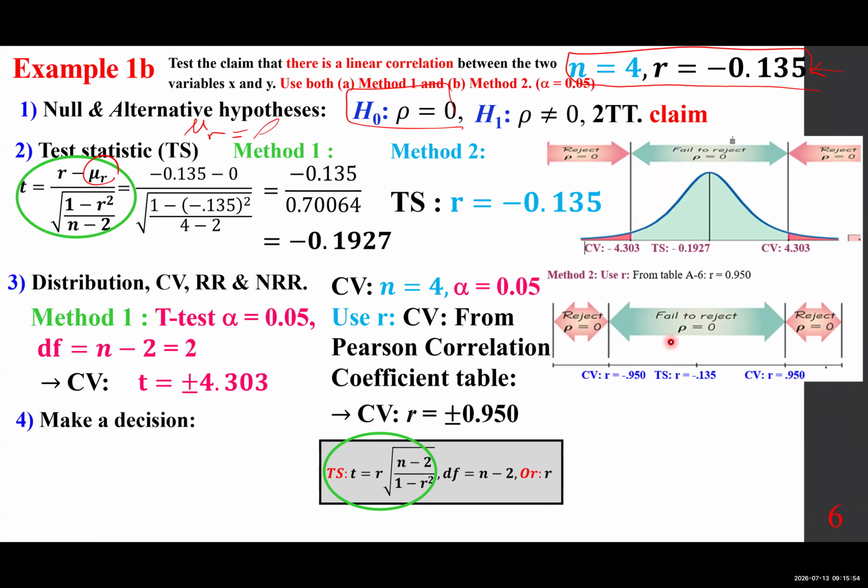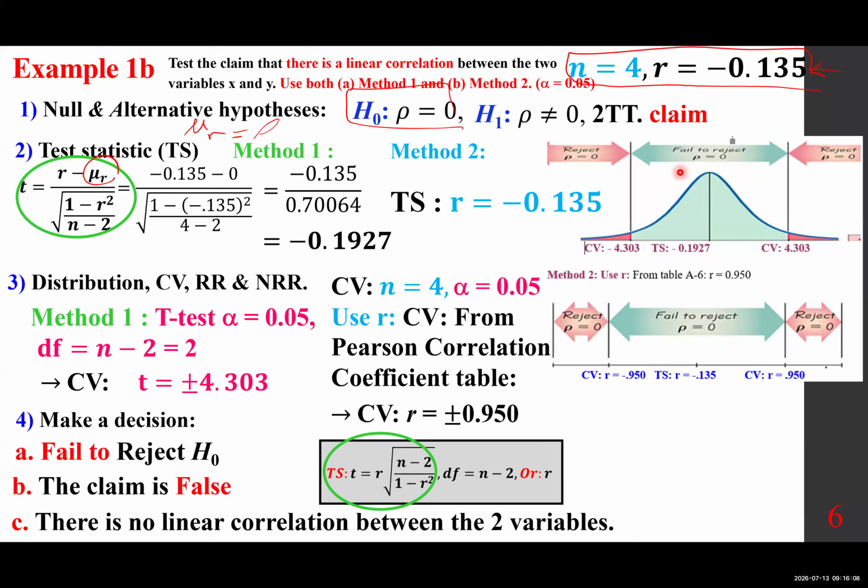So fail to reject H0 in both cases. What does it mean? If you're not rejecting H0, you're rejecting H1, the claim becomes false. What does it mean? There is no linear correlation between the two variables. This means no linear correlation. This means there is a linear correlation.